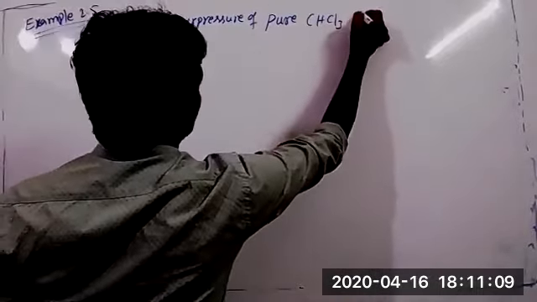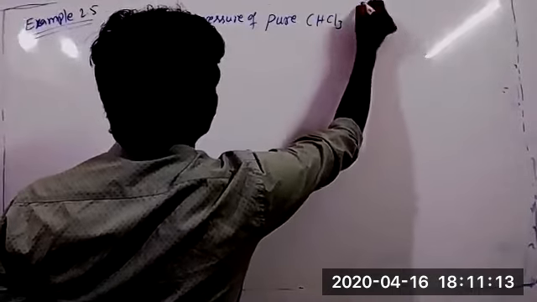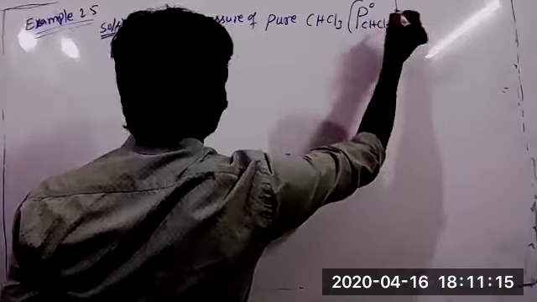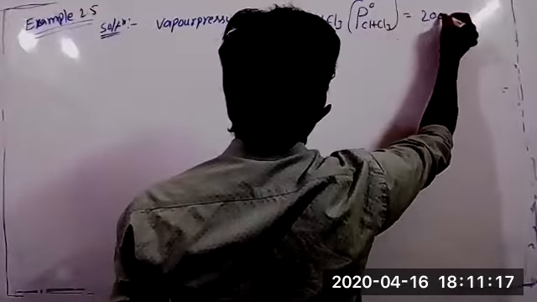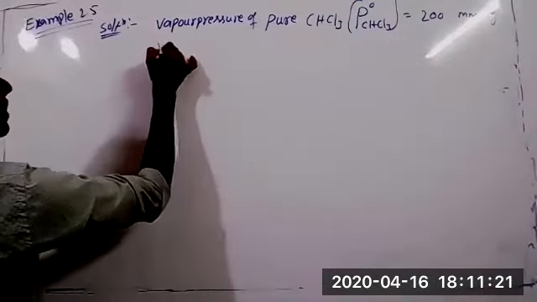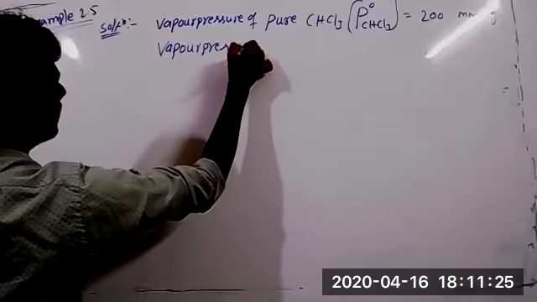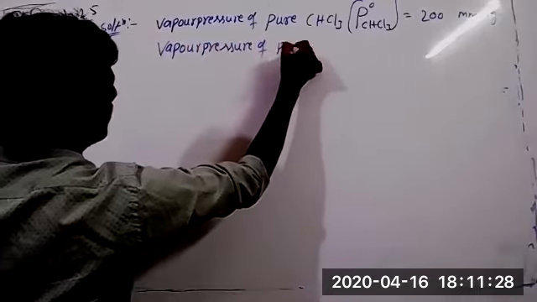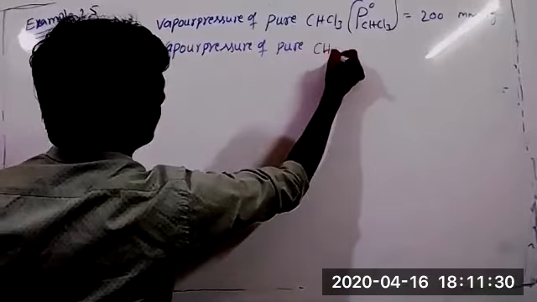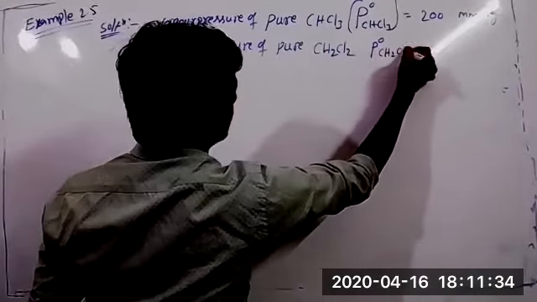I am writing it as P power 0 CHCl3, 200 mmHg. Next, vapor pressure of pure dichloromethane, P power 0 CH2Cl2.